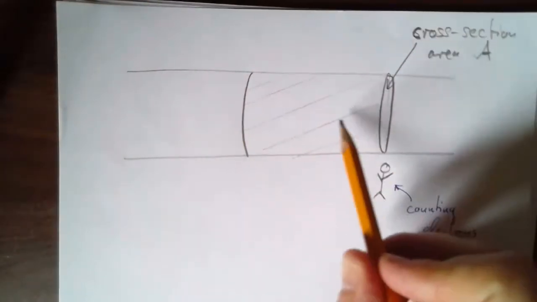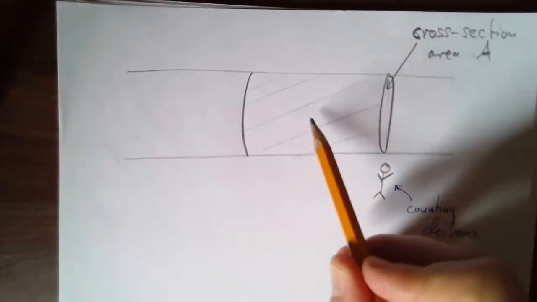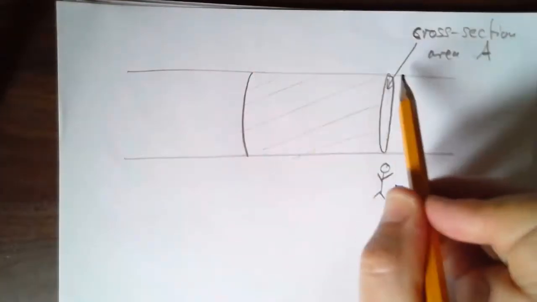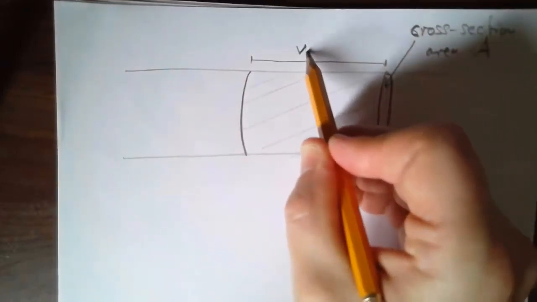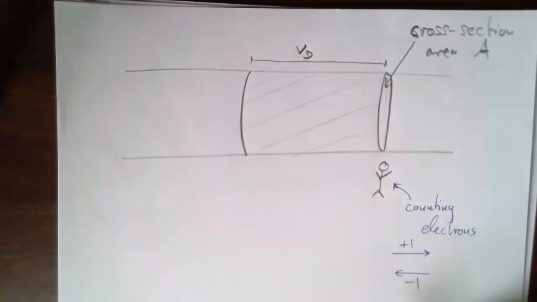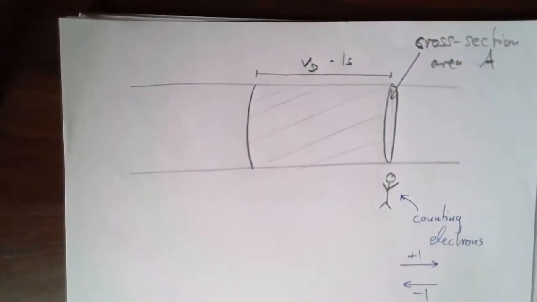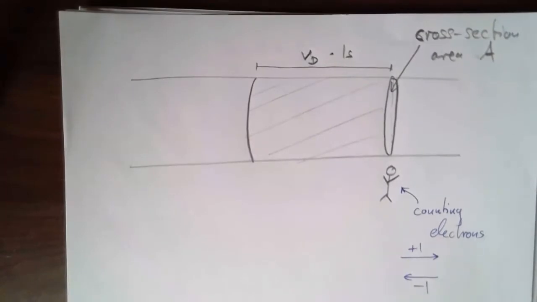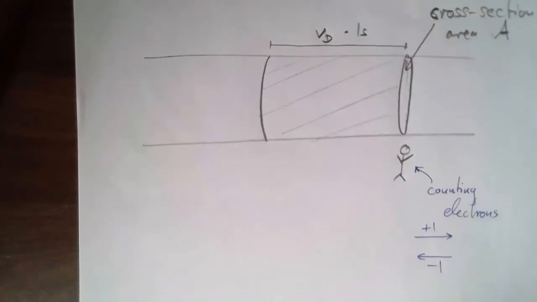And the answer is, if electrons drift 0.1 meters per second, then this would be 0.1 meters. So if this is essentially the drift speed times 1 second, then that implies that all the electrons in this volume are going to go through this surface.